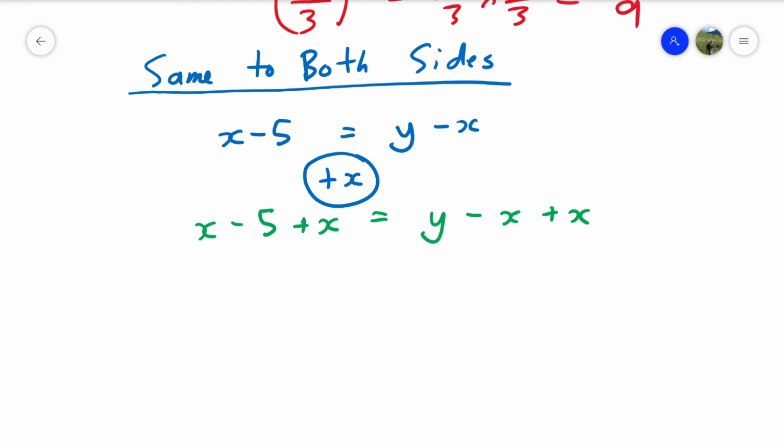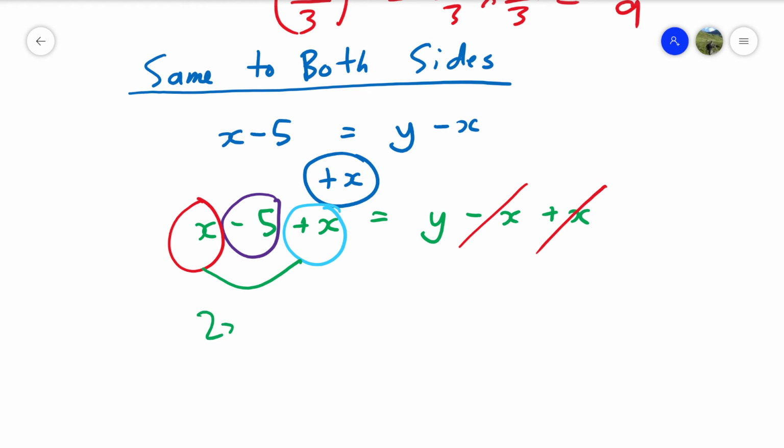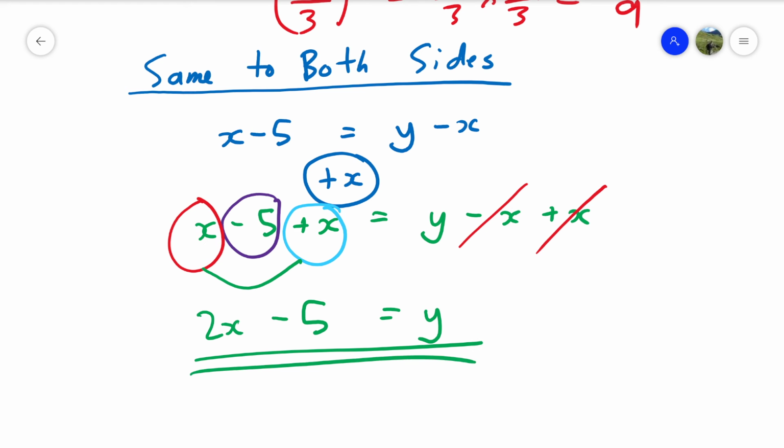Oh look, I can cancel those, -x plus x. What about here? The minus is attached to the 5, that plus is attached to the x, and we've got this x at the front, which means we end up with 2 x's, because you can combine those two, and then that minus is just attached to the 5. That's the final answer there.